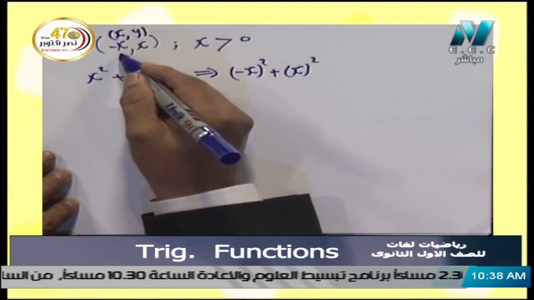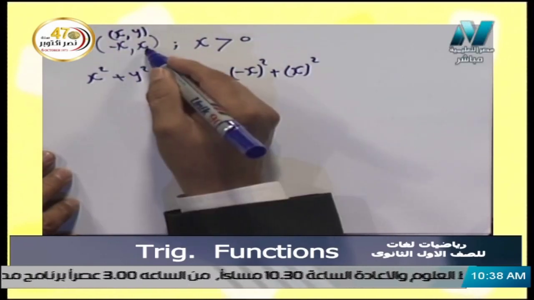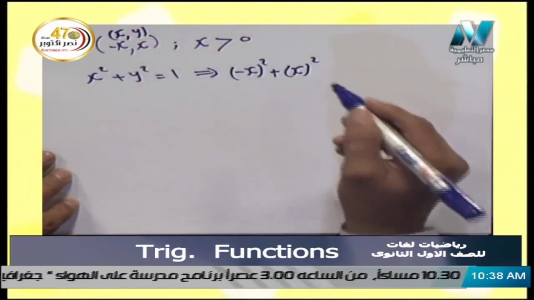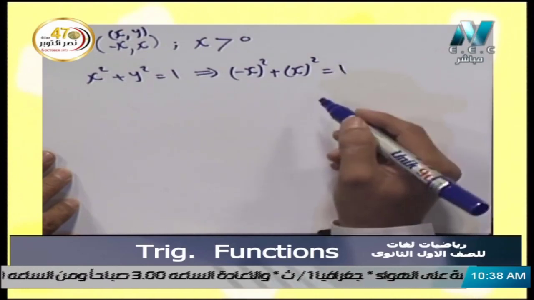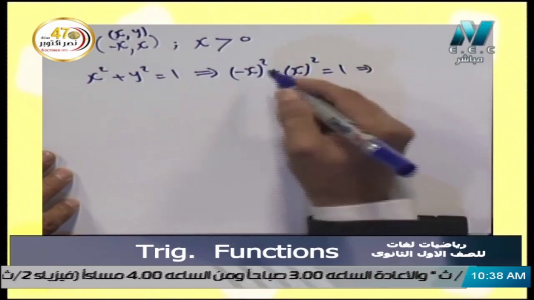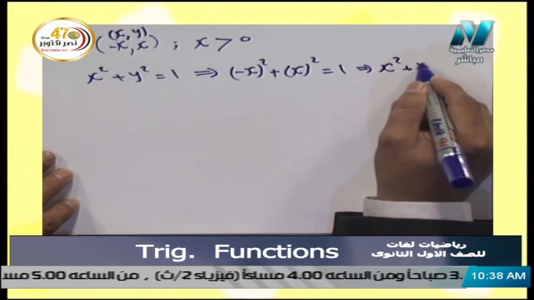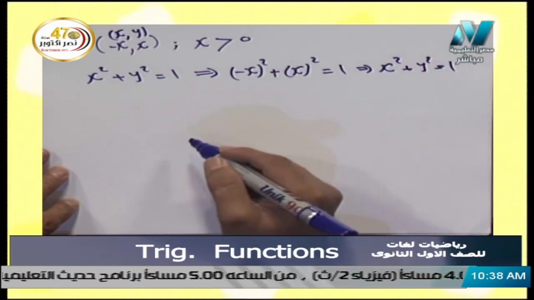So the first coordinate is negative x, and the second coordinate, which is y, equals x. So negative x squared plus x squared equals 1. So we have x squared plus y squared equals 1.